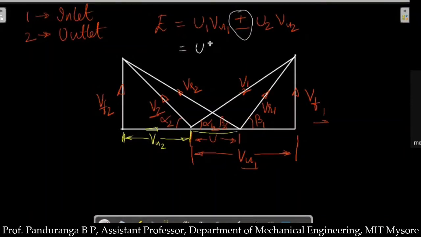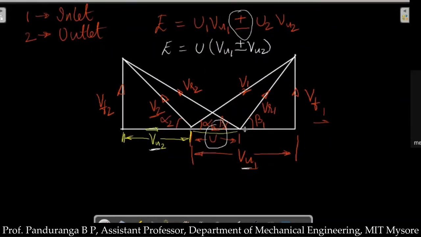I can rearrange this as u into vu1 plus or minus vu2. This is the equation for energy transfer in the case of an axial flow turbine or a tangential flow turbine. But the plus or minus sign depends on the direction of vu1 and vu2 with respect to u.